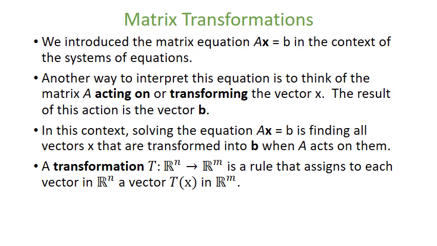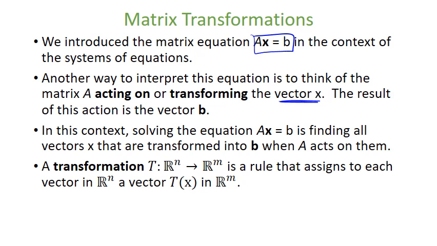So, in the past, we talked about a matrix equation of the form AX equals B in the context of systems of equations. But now we are going to think of it as a matrix A acting on or transforming the vector.